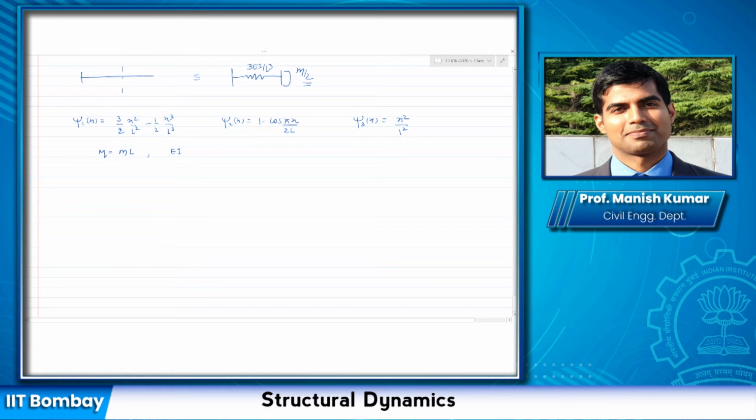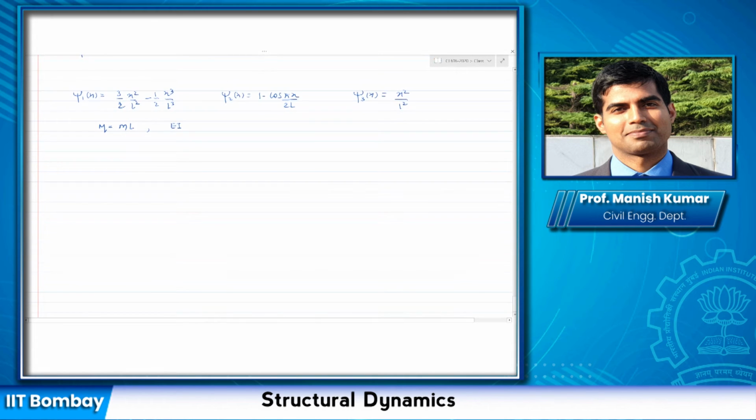This is for the cantilever beam that I have shown you here: total mass M, constant flexural rigidity EI, total length L. These three shape functions are there. What I need you to do is find out first M equivalent, then K equivalent, and then frequency for each of these cases.